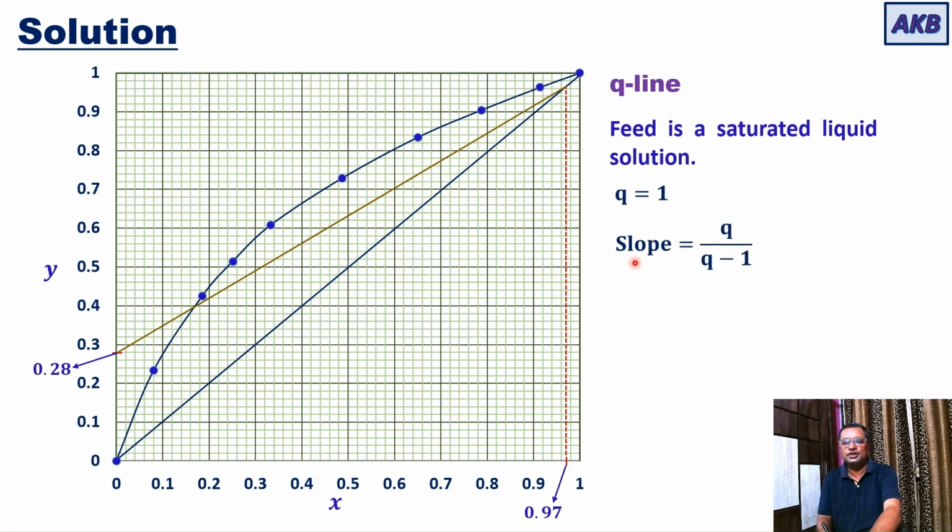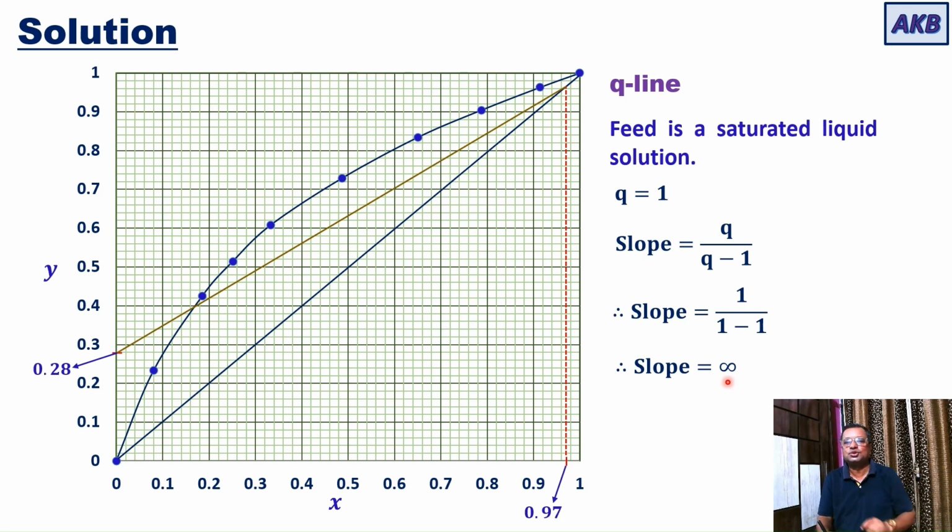Therefore, the slope of the Q line, which is given by this formula, Q upon Q minus 1. Again, I have discussed the Q line in one of my earlier videos on the McCabe Thiele method. So you please watch that video. So slope is equal to Q upon Q minus 1. That is slope is equal to 1 upon 1 minus 1. That is slope is equal to 1 upon 0, which is infinite.